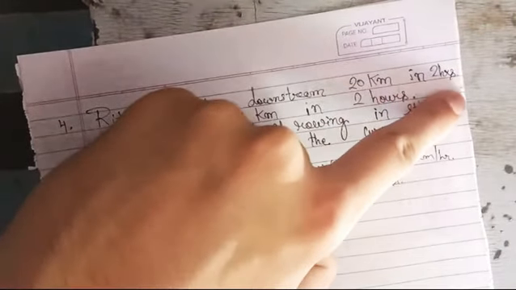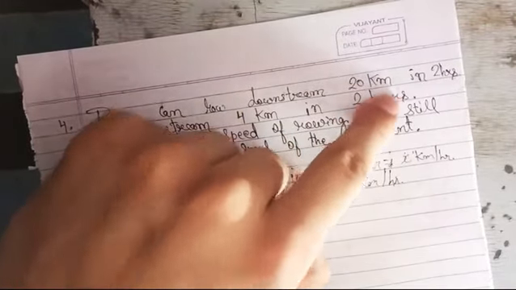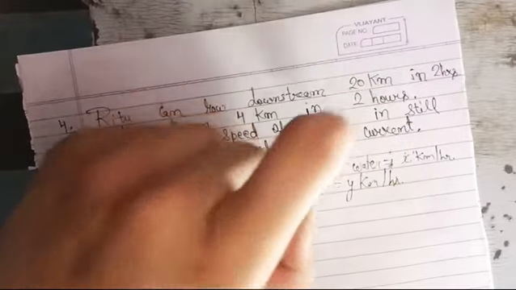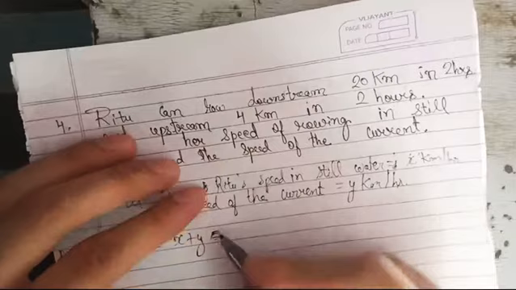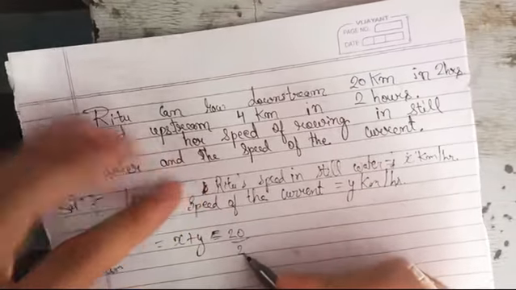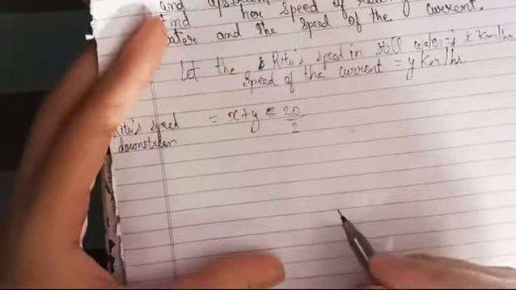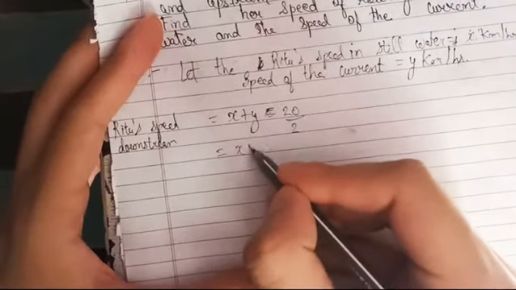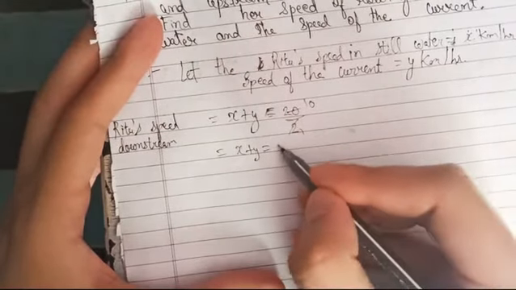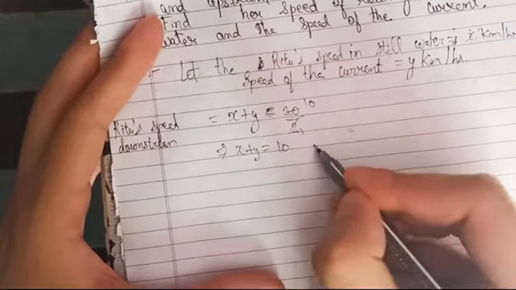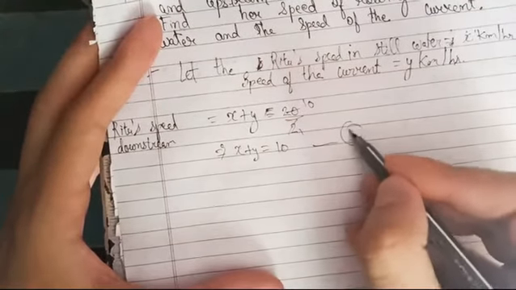Distance upon time is speed, so 20 upon 2. So x plus y is equal to 10. That is our first equation.